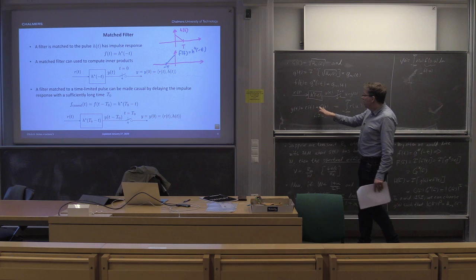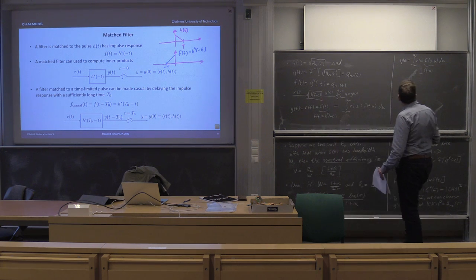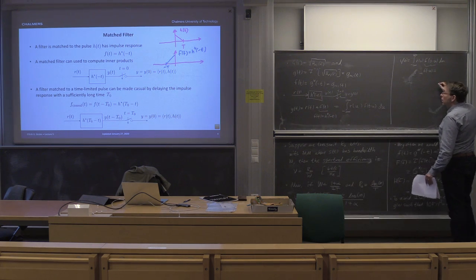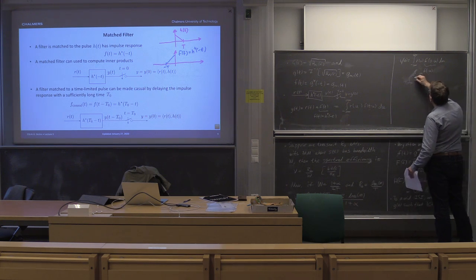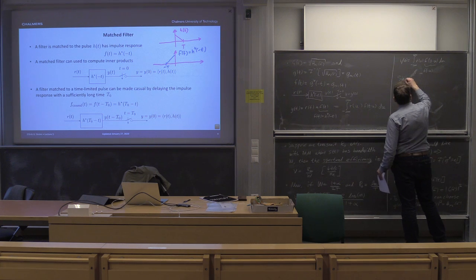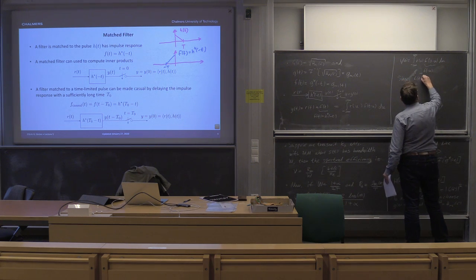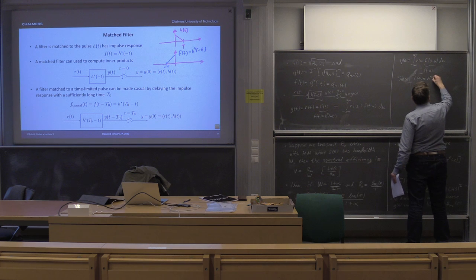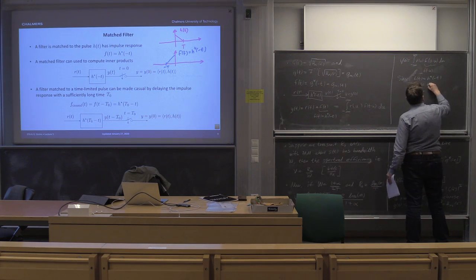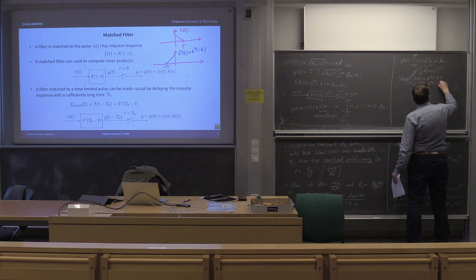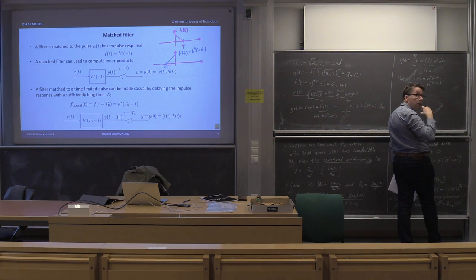Okay, and we know that f is equal to this. So that would be h conjugate. Now, since f of t is h conjugate negative t, f of u is h conjugate negative u, like this.